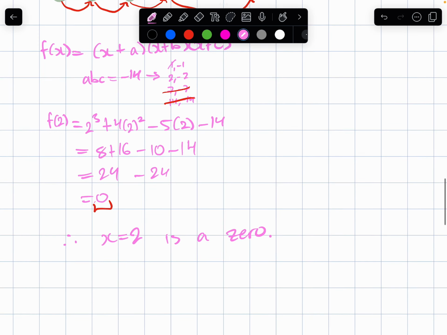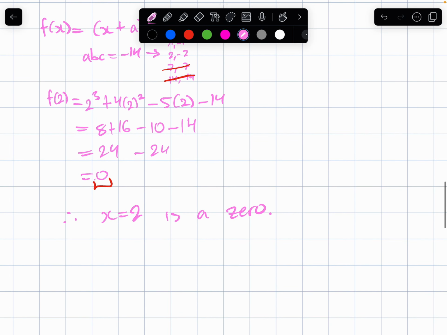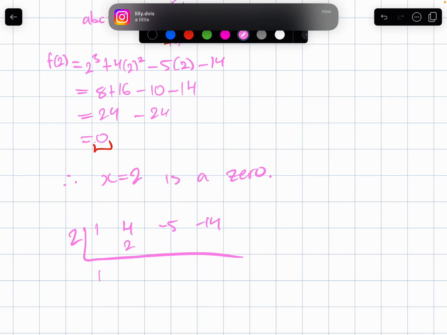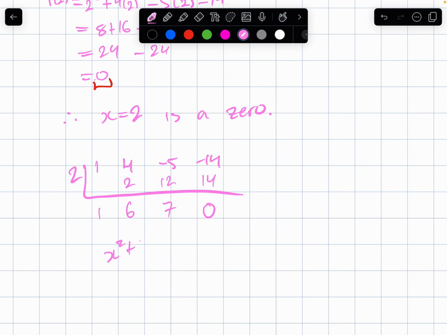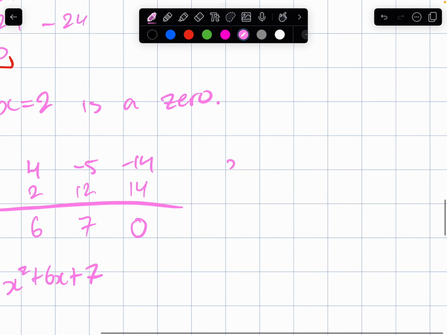Now once you have that, you can either do synthetic division, which is what we did earlier: 1, 4, negative 5, negative 14, and then with 2 you get 1, 2, 6, 12, 7, 14, 0, giving x squared plus 6x plus 7. Or you can do long division.